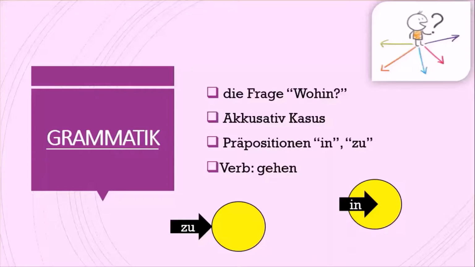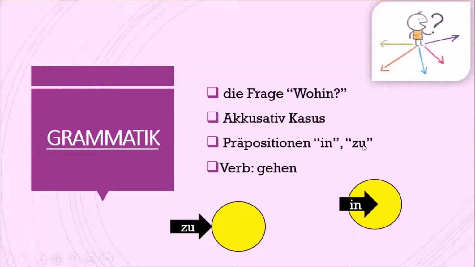Then, in describing motion or direction, certain German prepositions are used. Präpositionen in German, and the prepositions are in and zu.